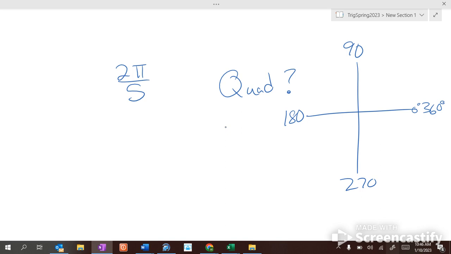If we do radians, 180 degrees is pi radians, right? Because there's 2 pi in 360 degrees. So this is 1 pi radians.